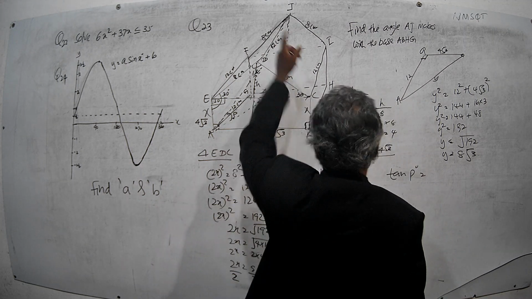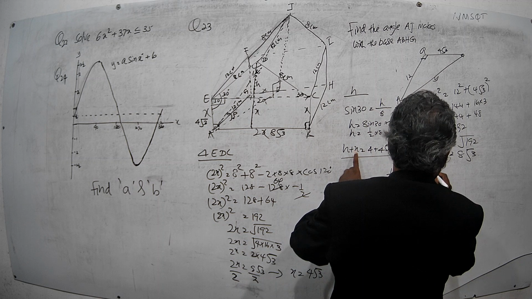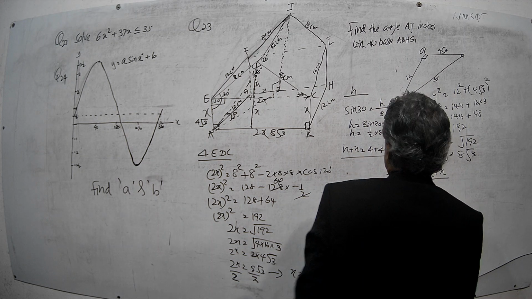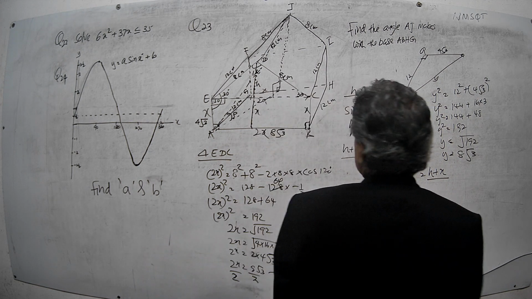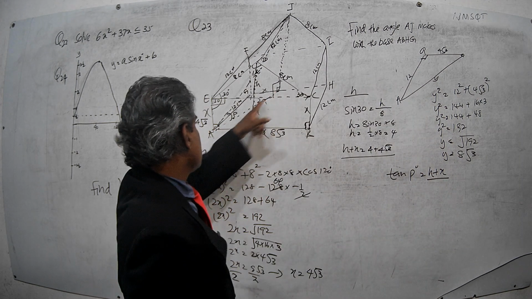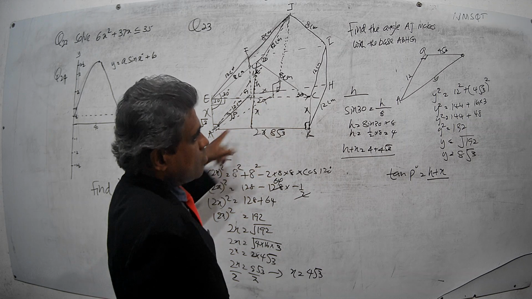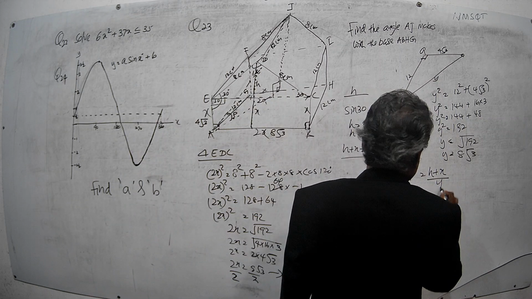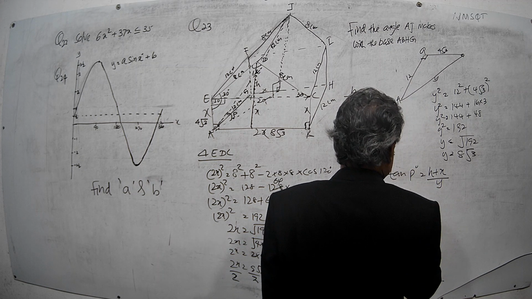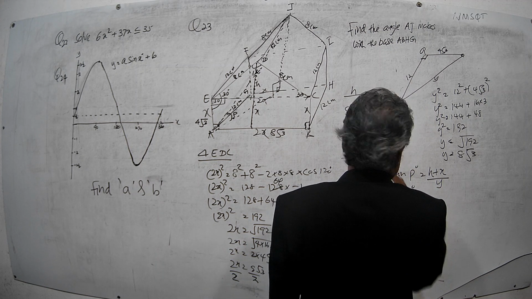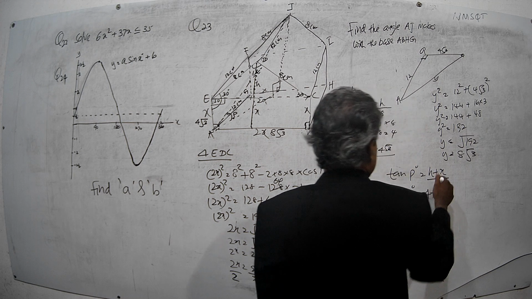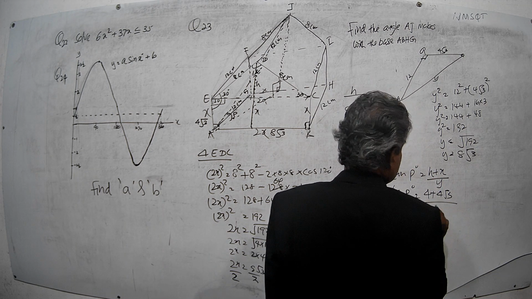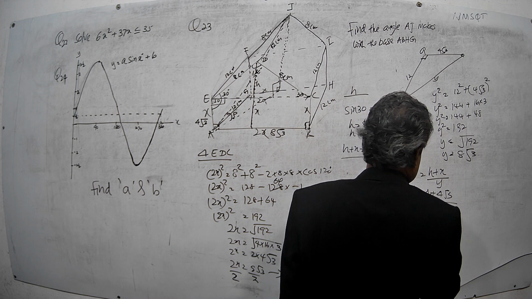The opposite side is this one, h plus x, over the adjacent side, which we found is y. Then substitute: tan P equals 4 plus 4 square root 3 over 8 square root 3, that is y.